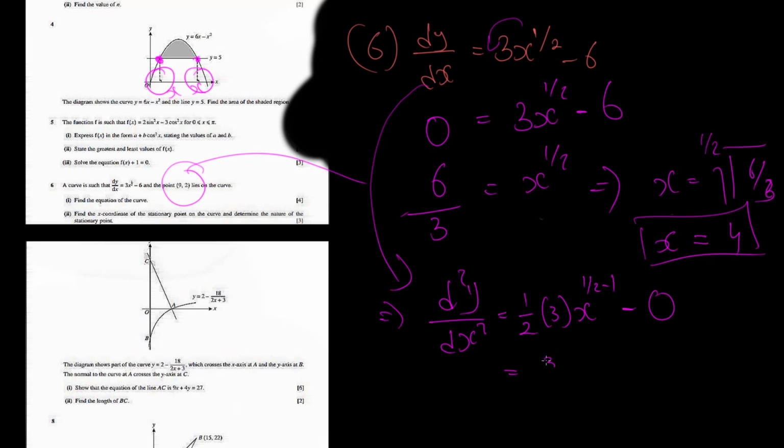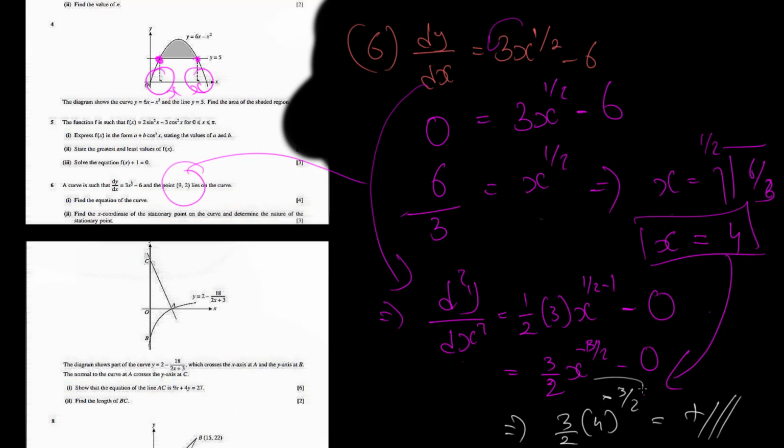So this would be 1.5, or 3 by 2, x to the power minus 1 by 2. All I have to do is replace my value for x, and if I do that, I would have 3 by 2 times 4 to the power minus 1 by 2, and the answer for that would be positive.